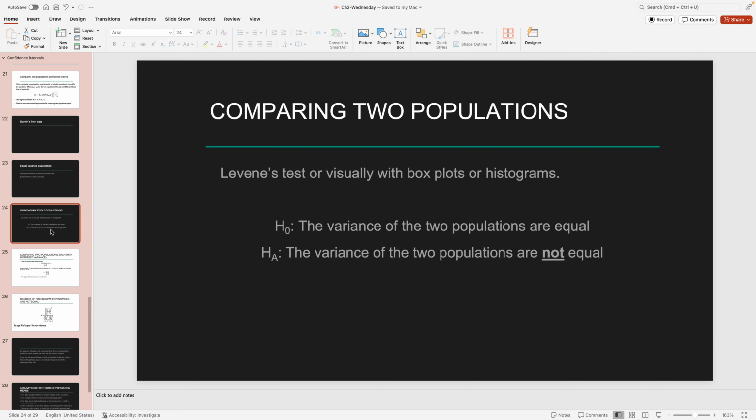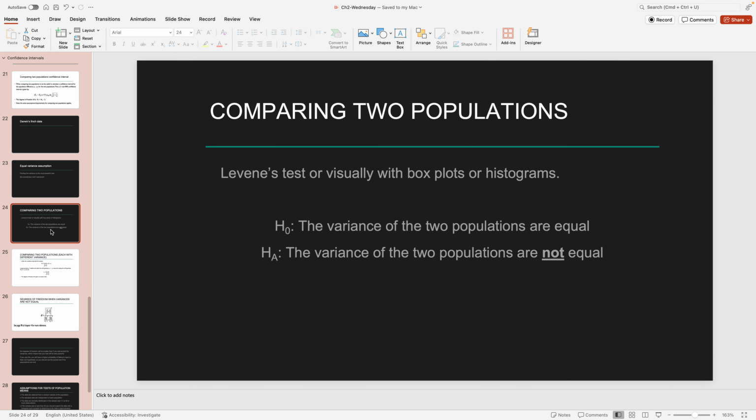And it's also to compute the p-value, Levene's test. Now, I'd just say that it's not always a perfect test, whether you're doing box plots or p-value. So it's important to do both, okay? And if they agree, then that's really helpful.